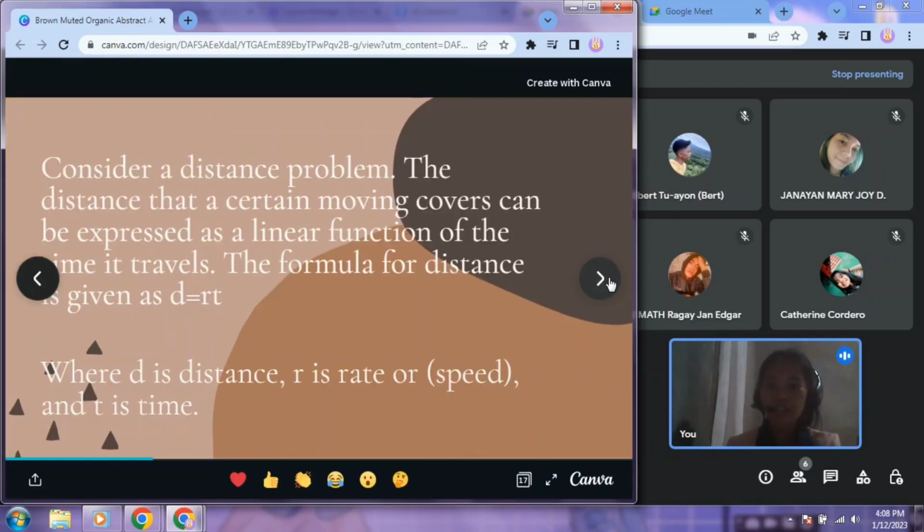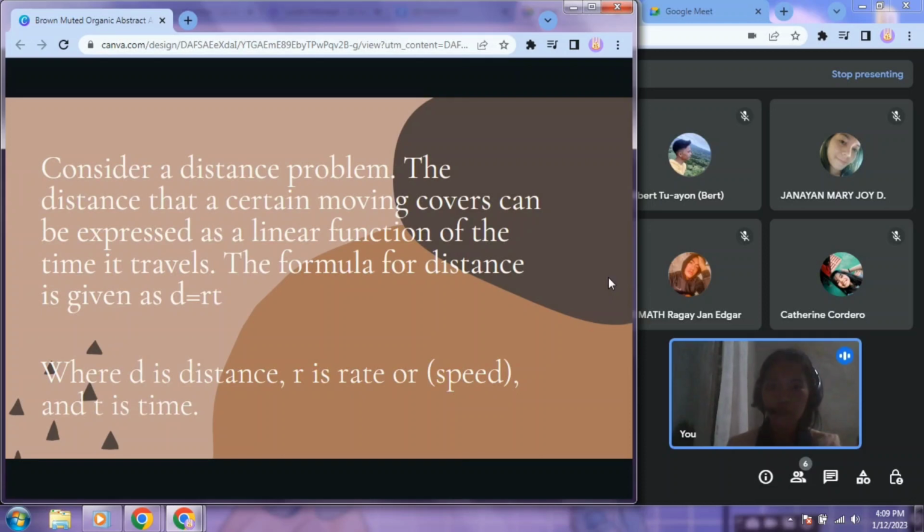Consider a distance problem. The distance that a certain moving object covers can be expressed as a linear function of the time it travels. The formula for distance is d equals rt, where d is distance, r is rate or speed, and t is time.